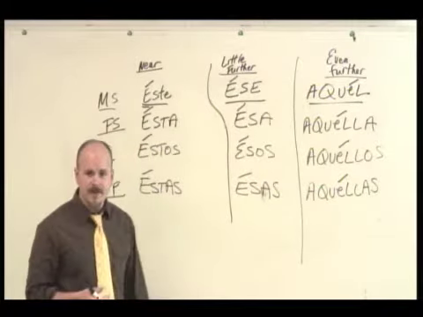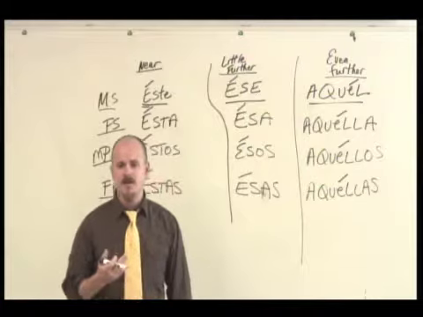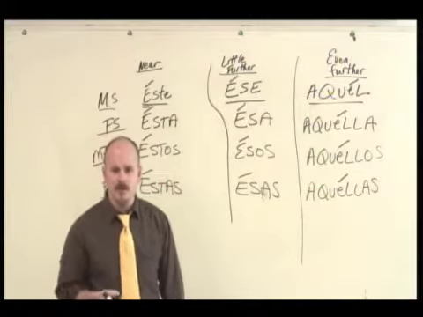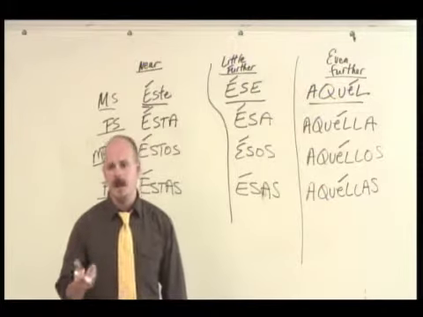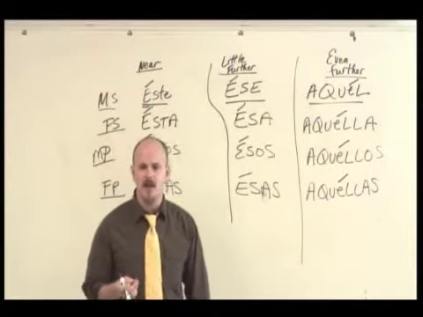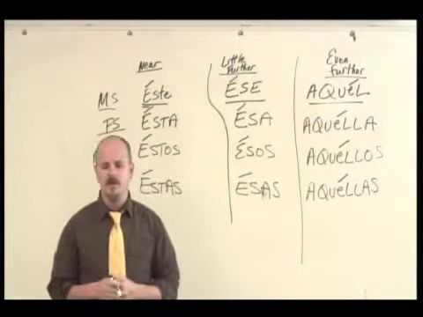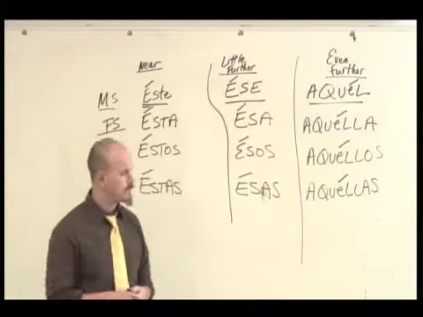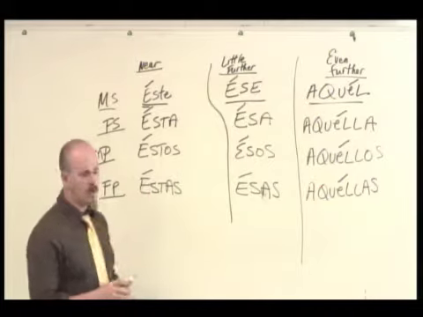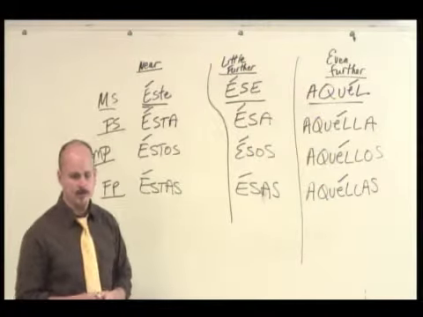The only reason we write that accent mark, therefore, is to let the reader know that what we're looking at here is a demonstrative pronoun and not a demonstrative adjective. So that accent mark merely distinguishes between the two types of demonstratives, adjectives and pronouns. Okay, so these are all our demonstrative pronouns.